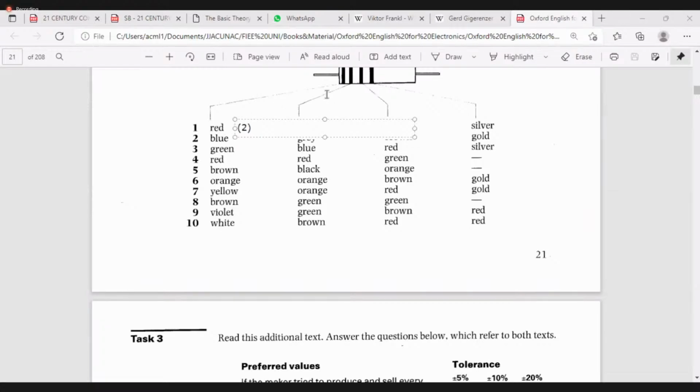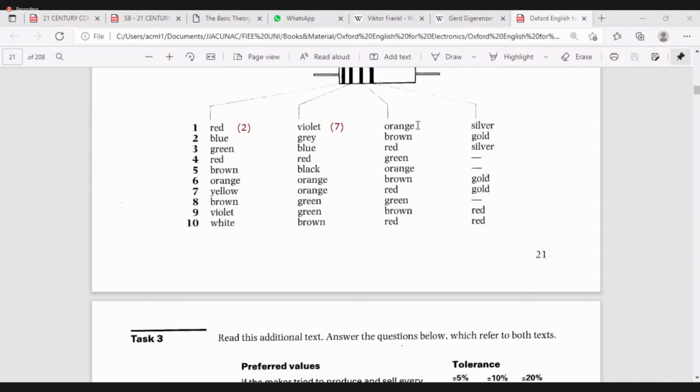I'm going to change color to notice that we are working with this. Next, we have violet. Violet is what number? From the list, remember? You have the book there? 7. Very good. And then we have here orange.